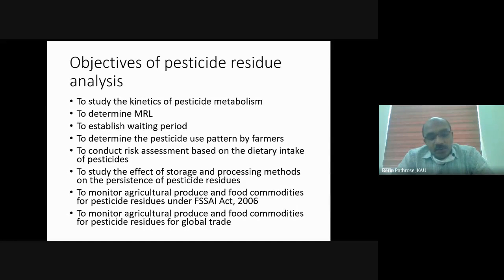I will ask you one question. You have residue in a fresh commodity, and what will be the concentration of residue after cooking, whether it will increase or decrease? Why no answer? I will repeat the question. You have a fresh vegetable, you are cooking it.